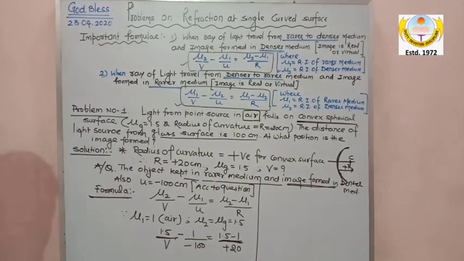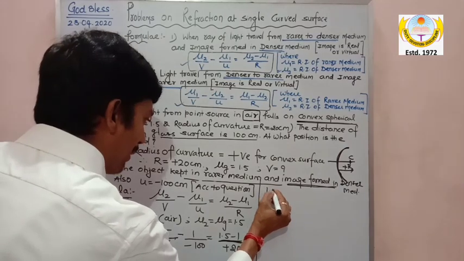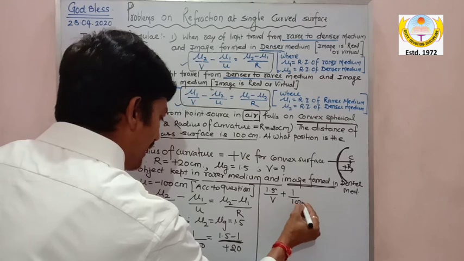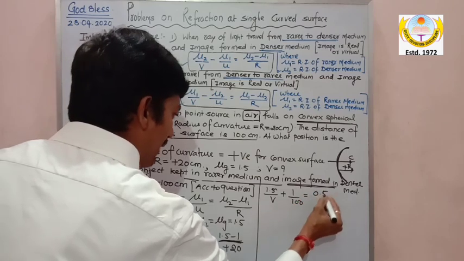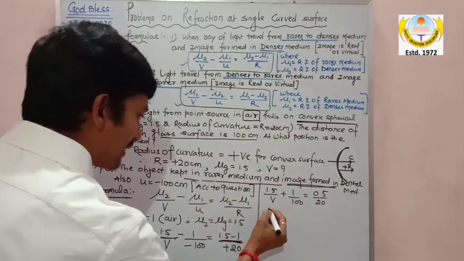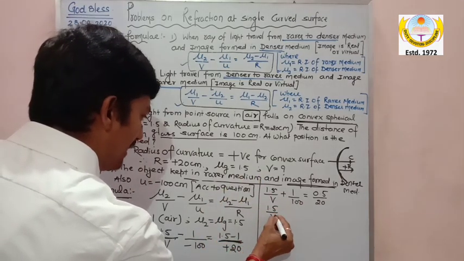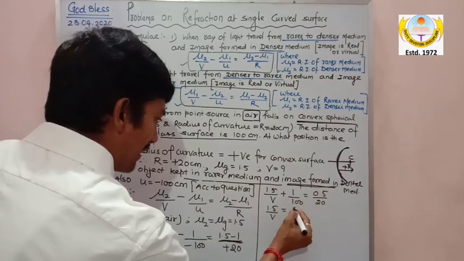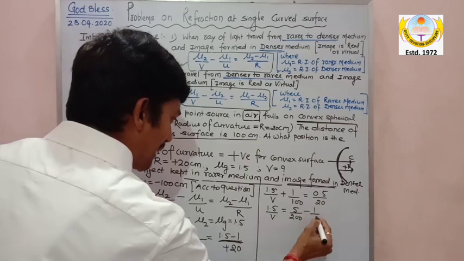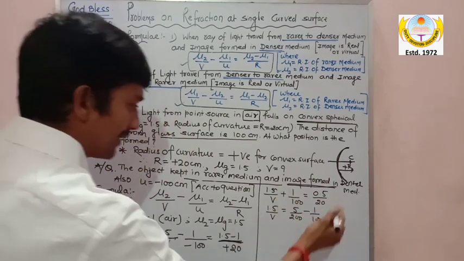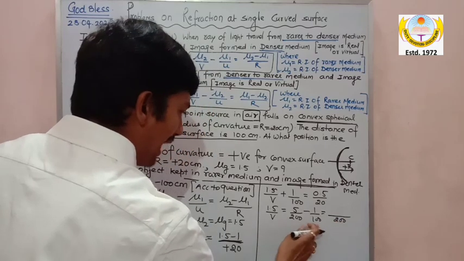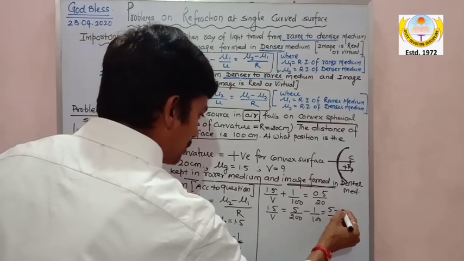So now when I solve this, this is 1.5 divided by V plus 1 upon 100 is equal to 0.5 divided by 20. So when I solve this, 1.5 divided by V is equal to 5 divided by 200 minus 1 divided by 100. I have taken this on this side. The LCM will become 200, and here it is 5 minus 2.